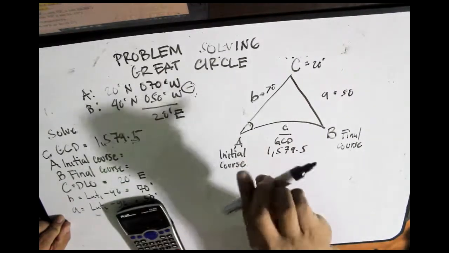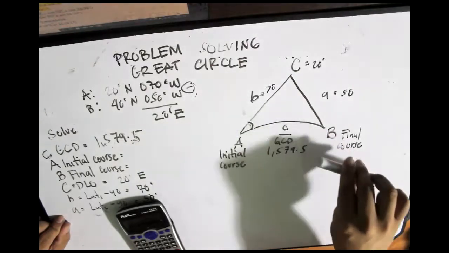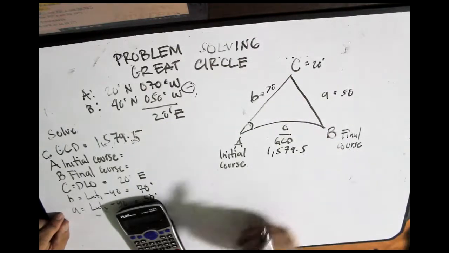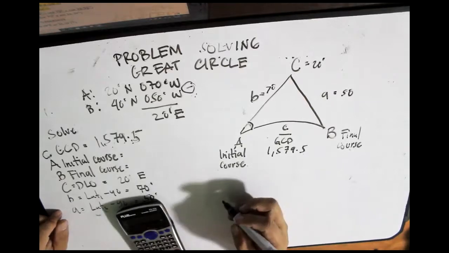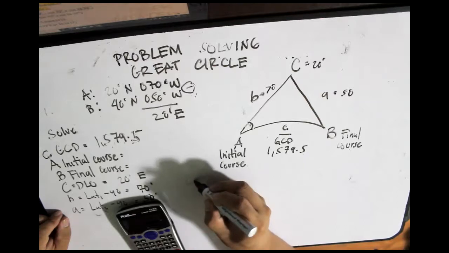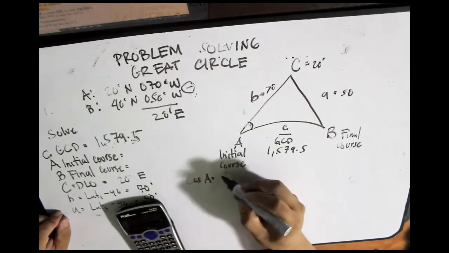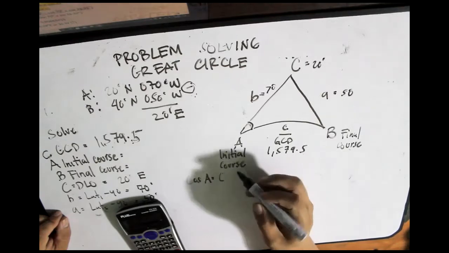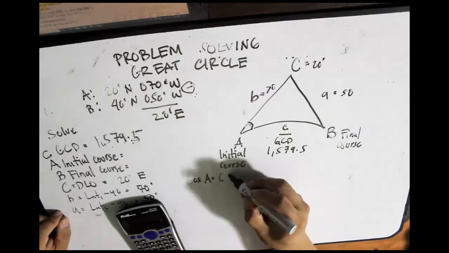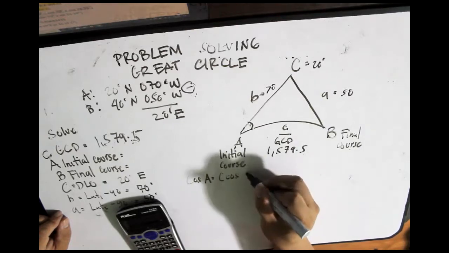Yung unang course niya, gaganon kasi yan. Gaganyan. No? So, we will determine, okay, by the formula cosine A is equal to open parenthesis, cosine A. Nasundan niya din yung calculation, no?